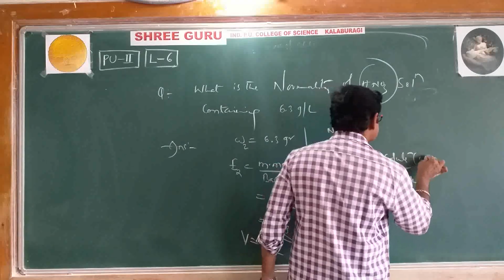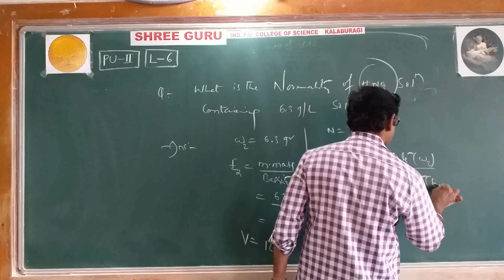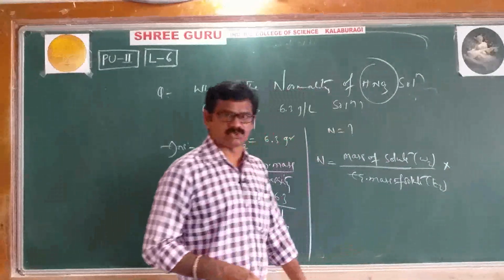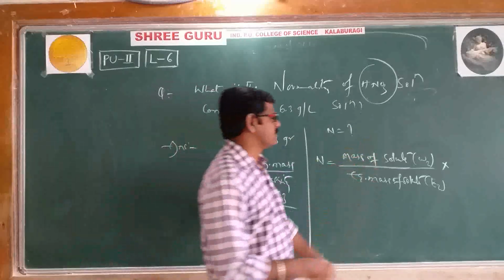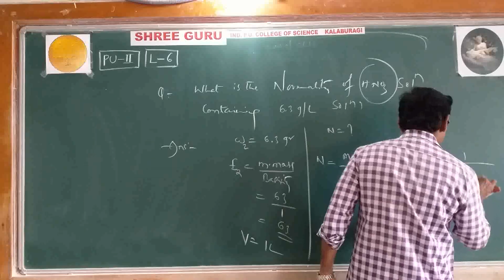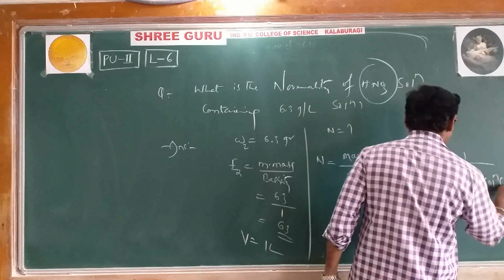If you want, you can write the symbols in brackets, it doesn't matter. Into, we should not write 1000 by V, we will write just 1 by volume of solution in liters.